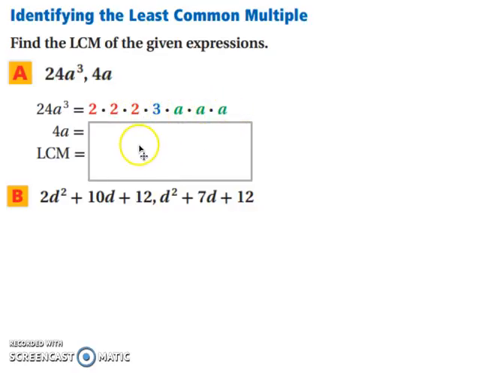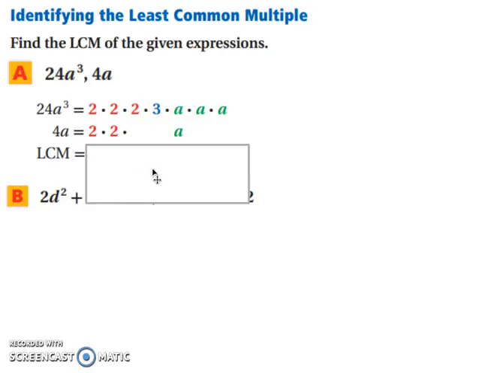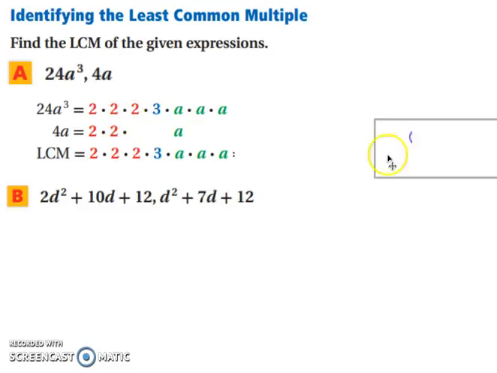And 4a would be 2 times 2 times a. So we look at the ones that we have in common here, and that gives us our least common multiple. If we combine it all together, we end up with 24a to the third.